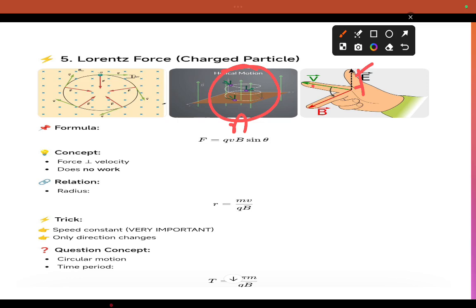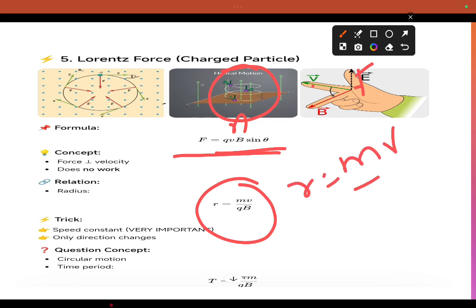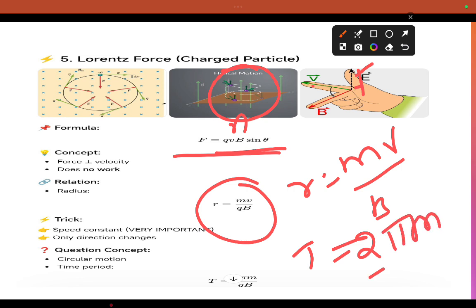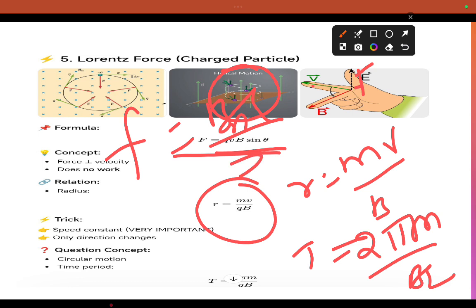The magnetic force as per the Lorentz concept is F equals qvB sin theta. As per the cyclotron, R equals mv by Bq. The time period is 2 pi m by Bq, and the frequency is Bq by 2 pi m.